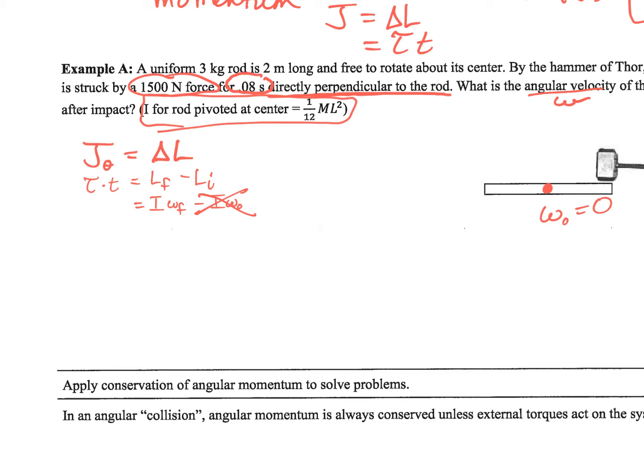What do we know about torque? How do we define torque? Force times the radius, and then times time. So that's going to be F R t equals I omega final. And that's what we're looking for, isn't it? Aren't we actually looking for omega final? So now all we have to do is plug some stuff in, don't we? So what is my force?